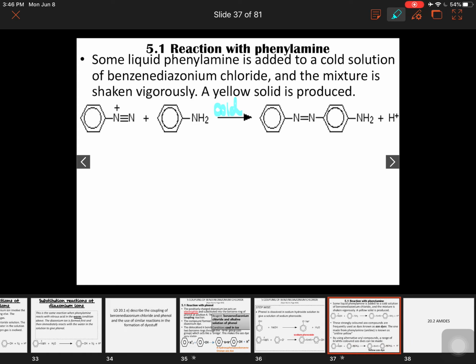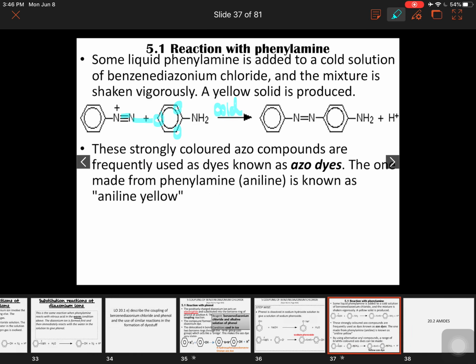The NH2 activates 2, 4, 6, but the first choice is the fourth position. Again, one of the triple bonds breaks, and the newly formed bond is between the fourth carbon of your phenylamine and the nitrogen in the diazonium ion. Then you will form H plus.